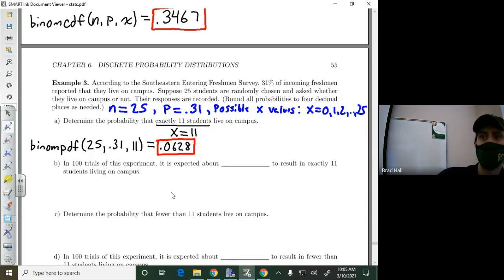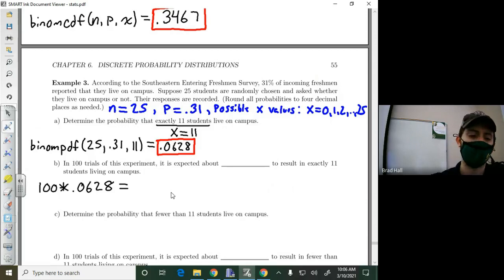If we know the probability and we know the number of trials, then we can figure out, of the 100 trials, we know that the probability is 0.0628. And so what this tells us, well, of course, this is 6.28. It tells us how many trials we would expect where exactly 11 students live on campus.